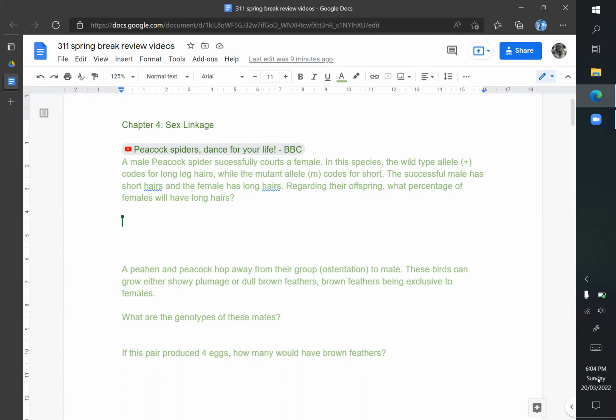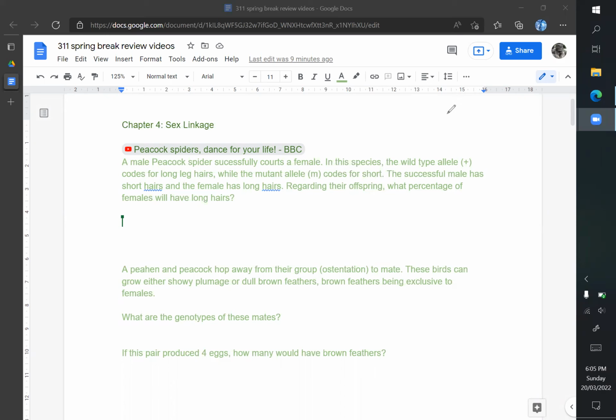Okay, so a good first step for answering this question, let's not write in green. A good first step for these questions is always to recognize the genotypes of our individuals. So the male, spiders, by the way, exhibit XY chromosomes.